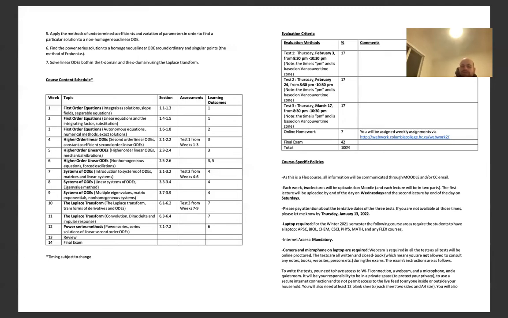So what is online homework? The online homework will be assigned with this website called WebWork. I included a link here. You can click on it, and basically your username and password are both your student ID.